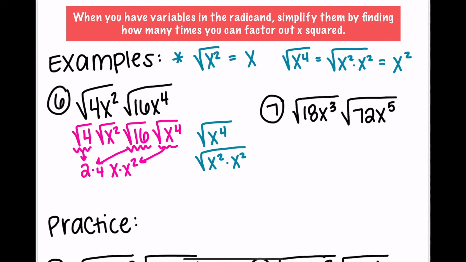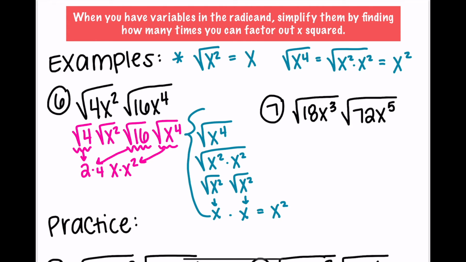Because x squared times x squared is x to the fourth. We can just factor that. And what happens is the square root of x squared times the square root of x squared, this would give you an x, this would give you an x, and x times x is x squared. So that's just a little more information on why the square root of x to the fourth is x squared.